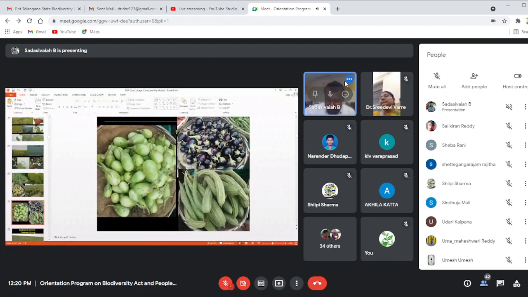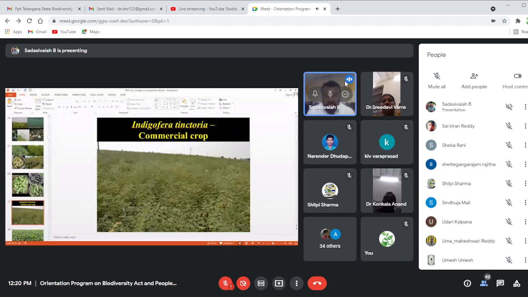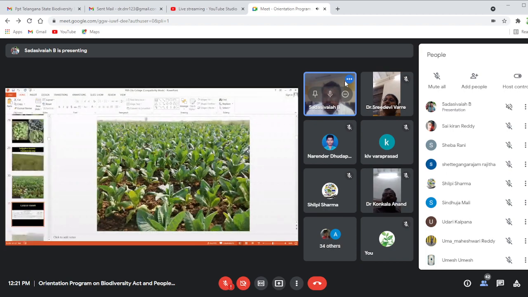And then different varieties of vegetables. If anyone is cultivating any commercial crops, this is Indigofera tinctoria. We know it as Neelimandu mokka. You should record these separately. Like that, tobacco.